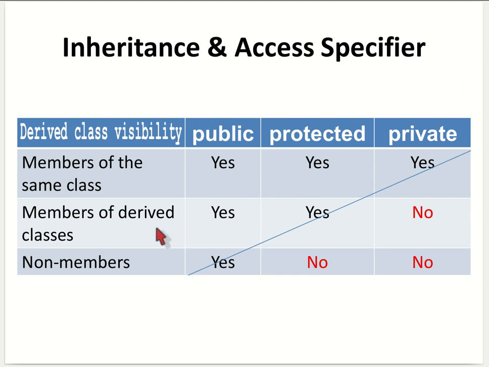So here we can see derived class visibility and members of the same class. If it is public, then it is accessible.